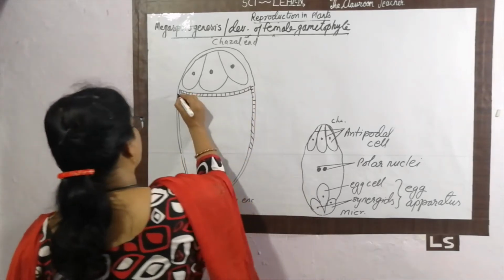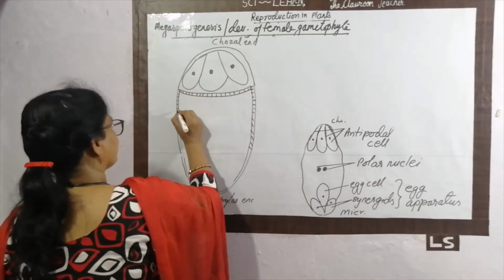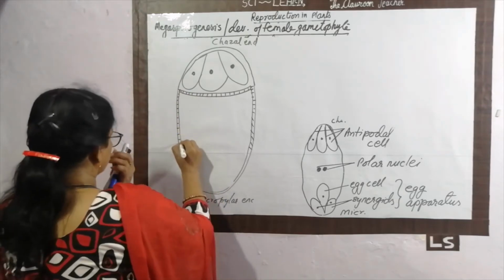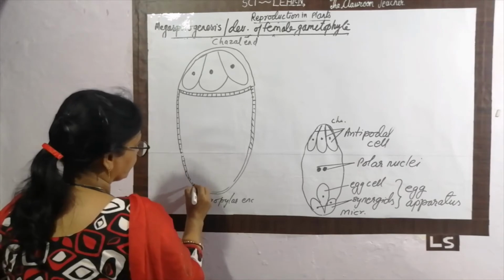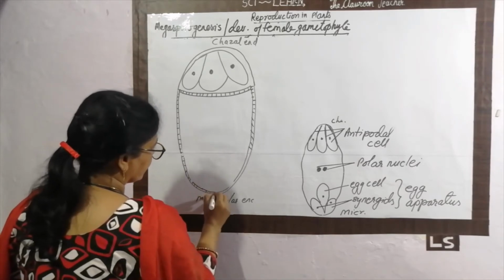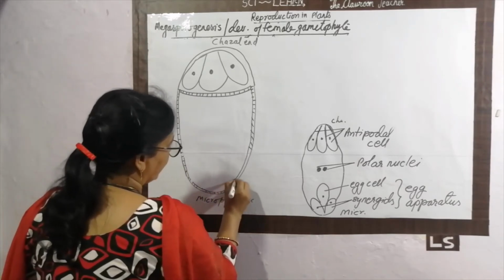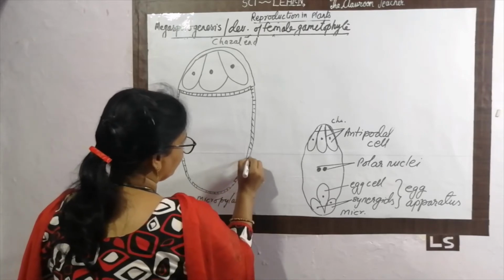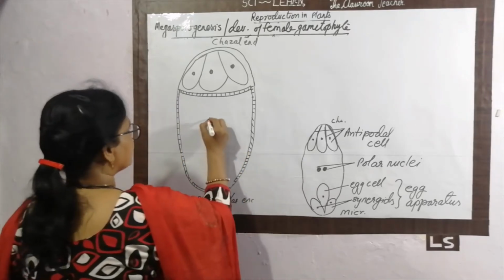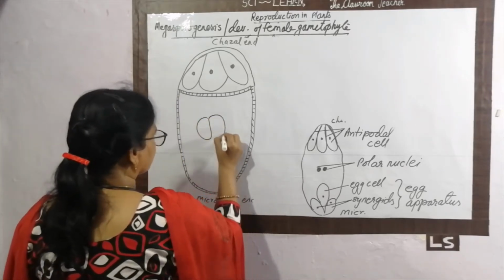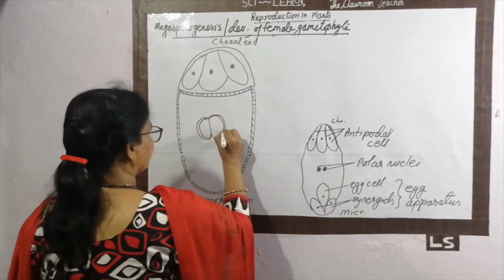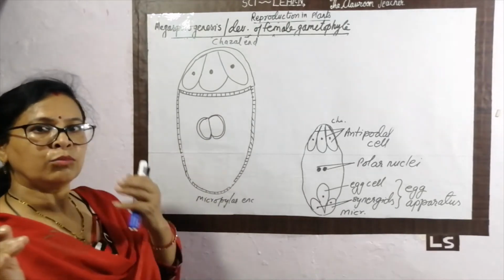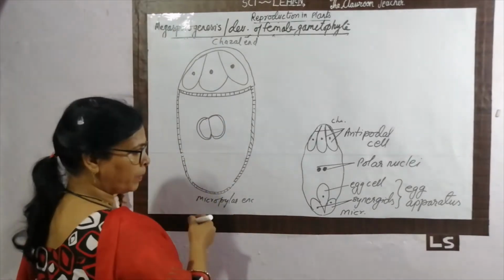This is the outer membrane. This end is called the micropylar end. 2 nuclei are present in the center. And 3 nuclei move towards the micropylar end.